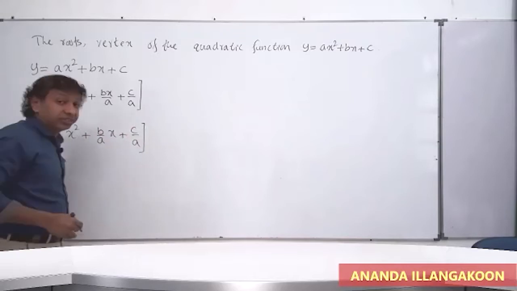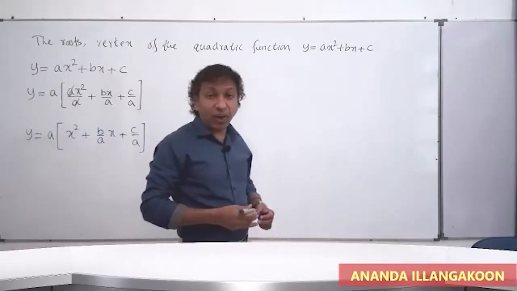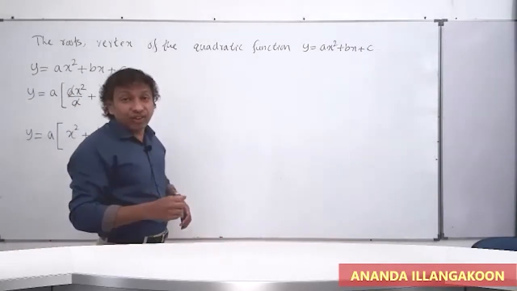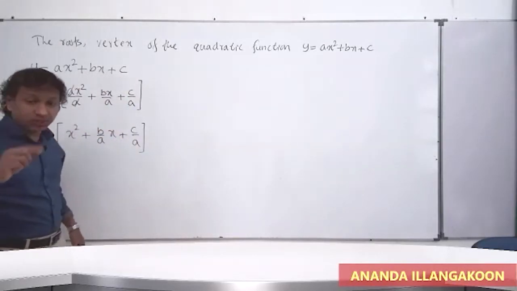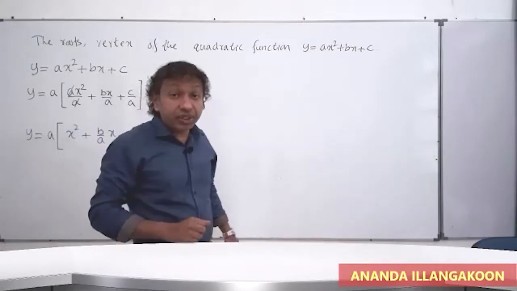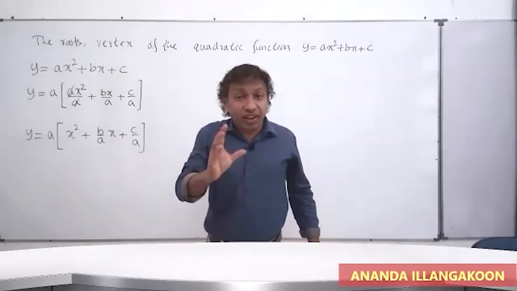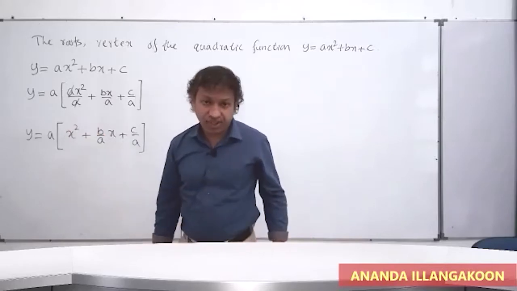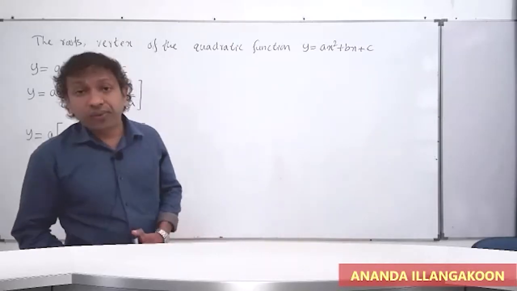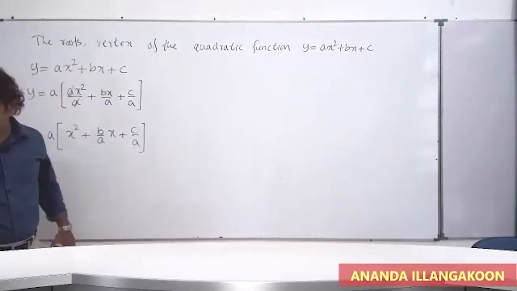We came to the first step, people. Now you can very clearly see within the bracket this part has x squared coefficient plus 1. And now this is the one we complete the square with, right, people?